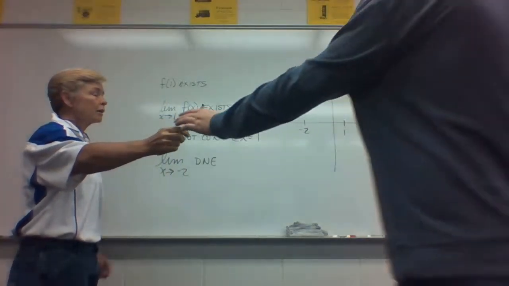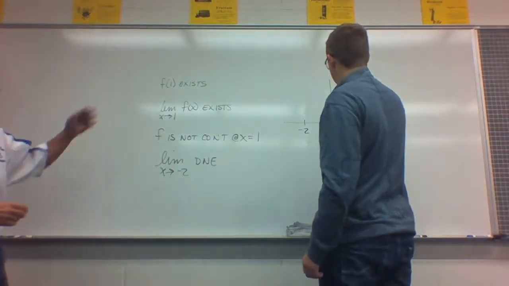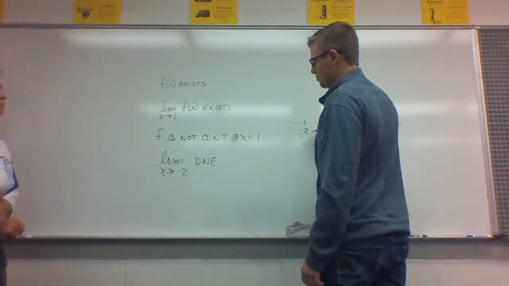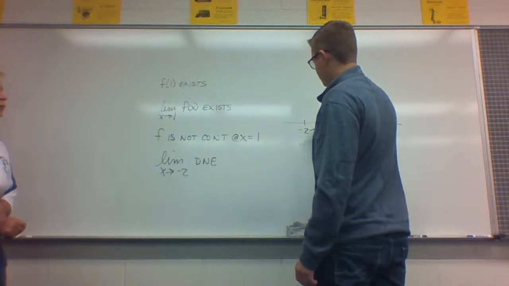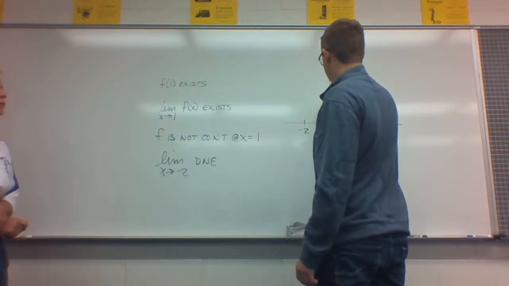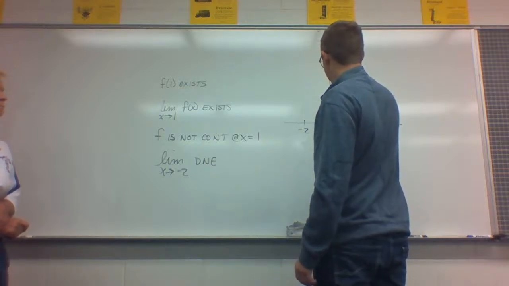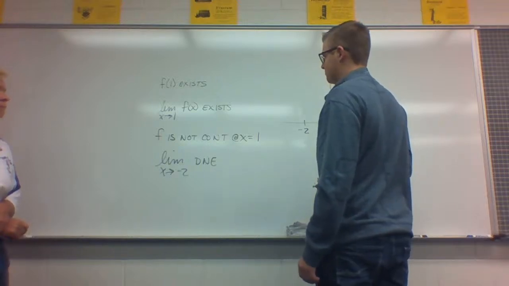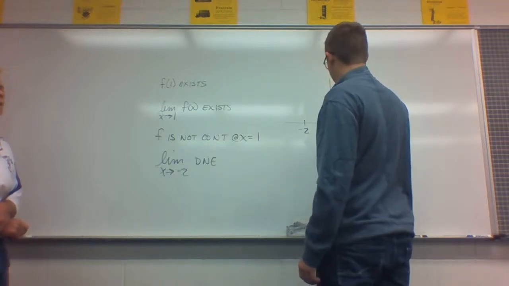See if you can draw the situation that accomplishes all those things that are happening at 1. Don't do the -2 thing. Stay away from -2. Just do the 1.